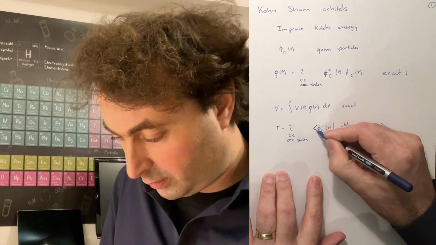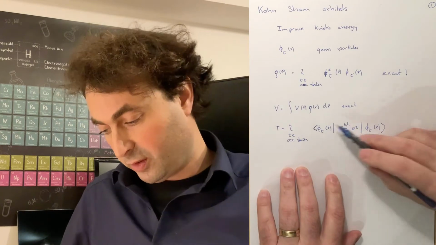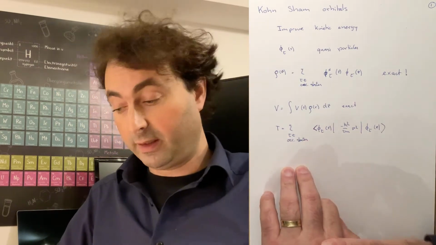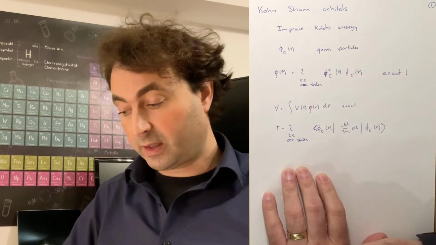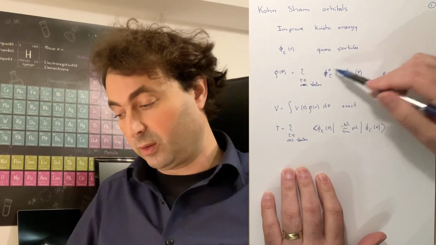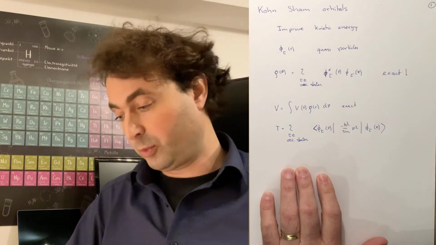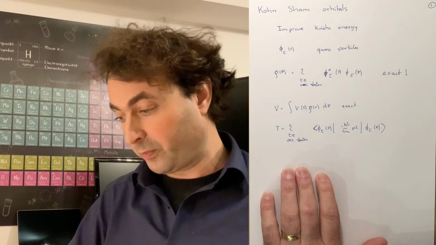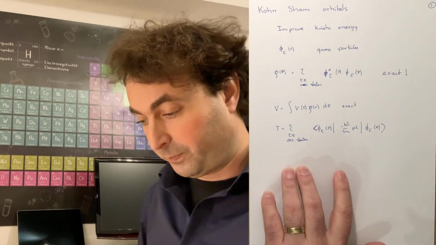Now, as we said before, if these represent electrons, this would be the correct kinetic energy. But this is not an exact definition, because for an electronic system we cannot write down the ground state wave function in terms of a single Slater determinant. So we can't have both at the same time be exact.